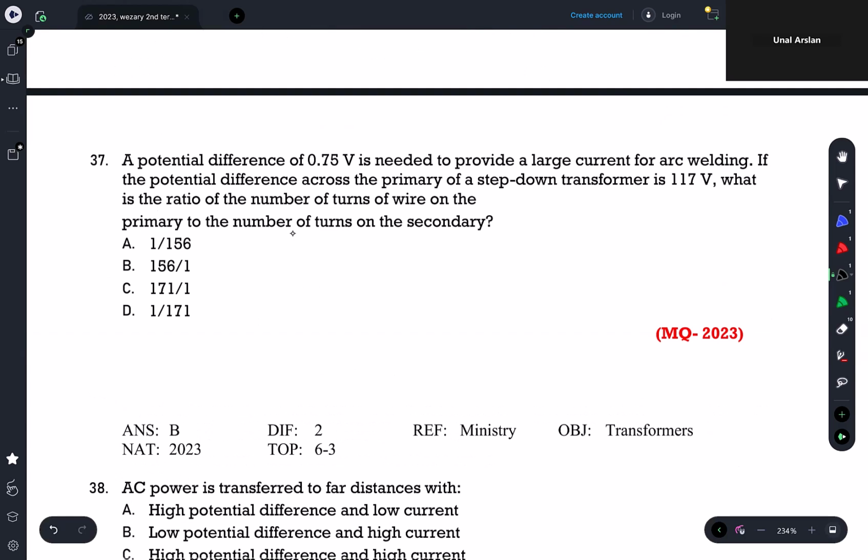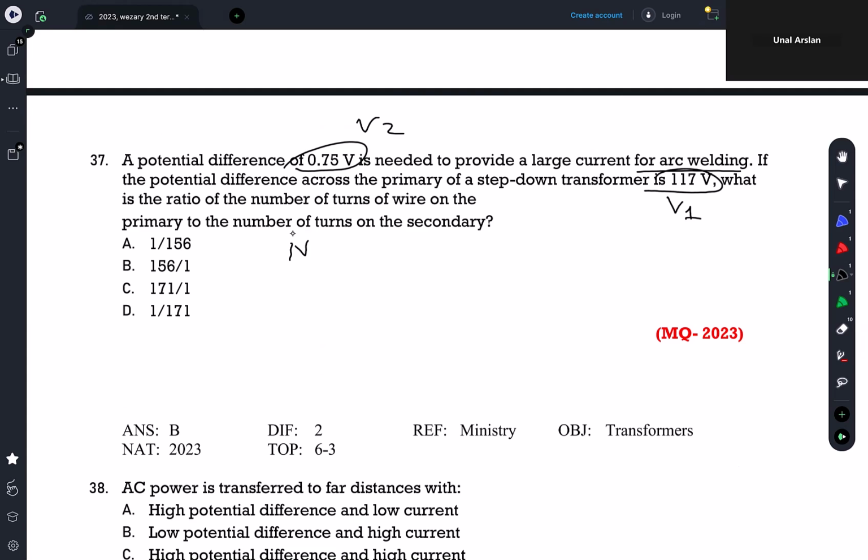A potential difference of 0.75 volt is needed to provide a large current for arc welding. So this is a small potential difference. If the potential difference across the primary of a step-down transformer is 117, primary V1, so this is V2, then what is the ratio of number of turns of the wire on the primary to secondary?